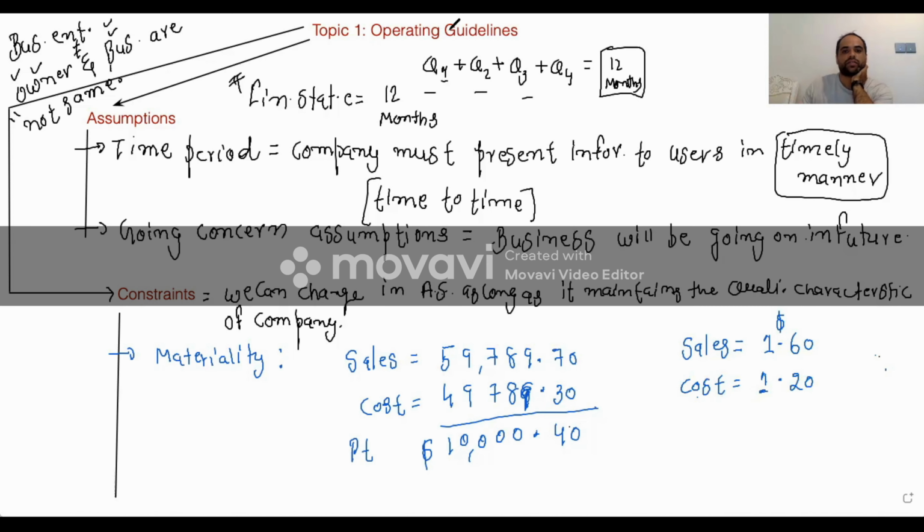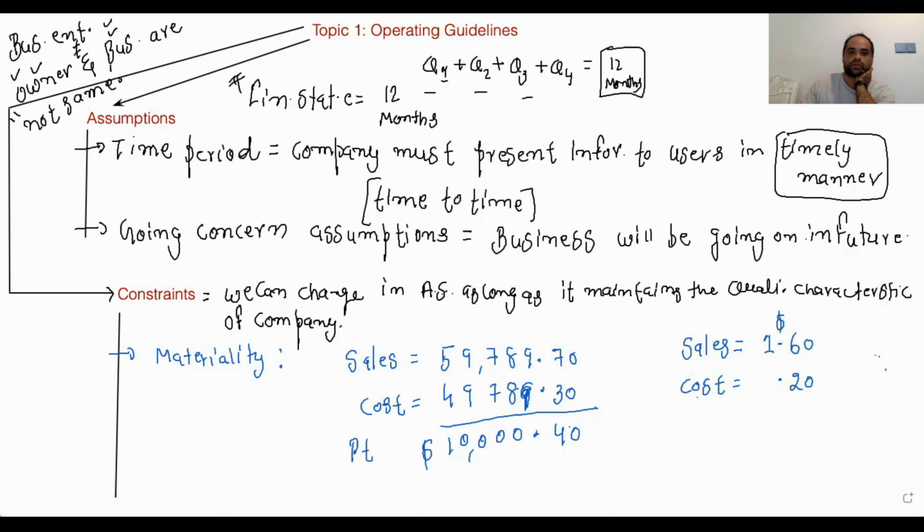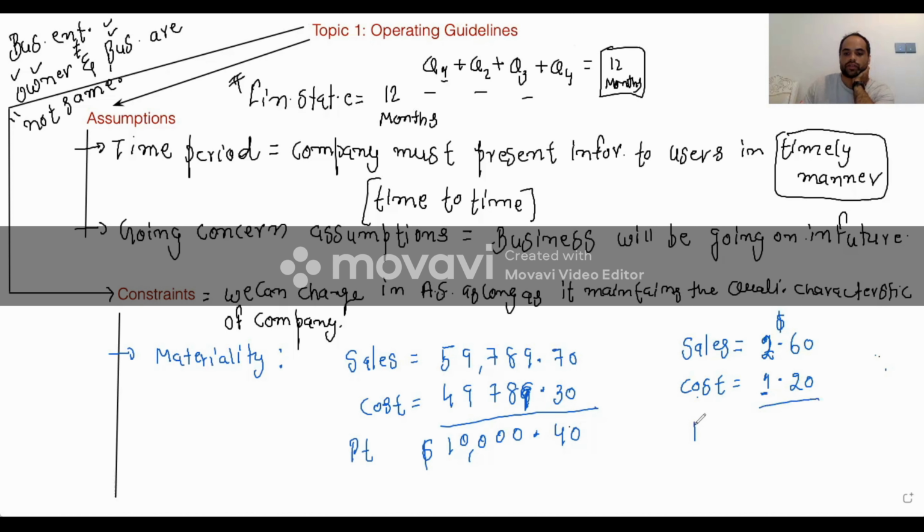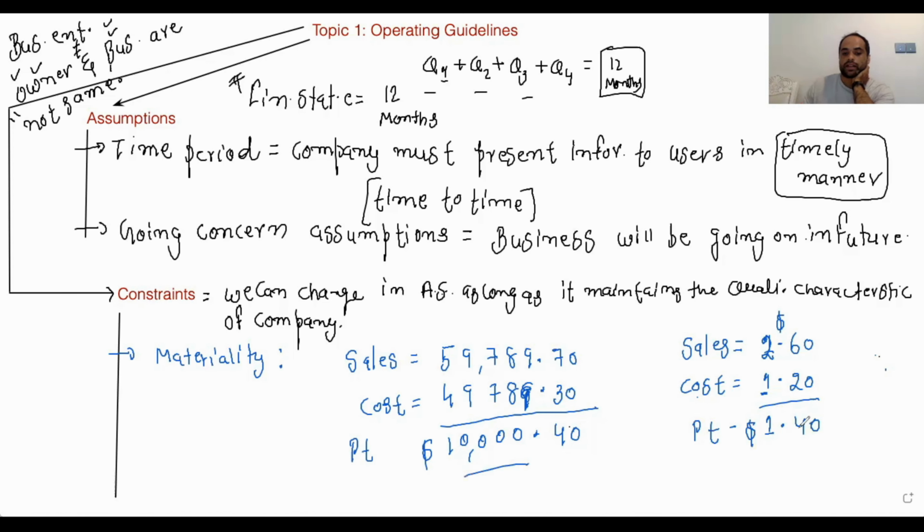No, sorry, 20 cents only, not $1.20. We can make some changes here. Let's write $2. So here the cost is $1.20, right? And we have profit here. Profit is $1.40.